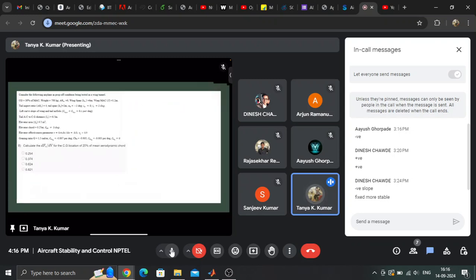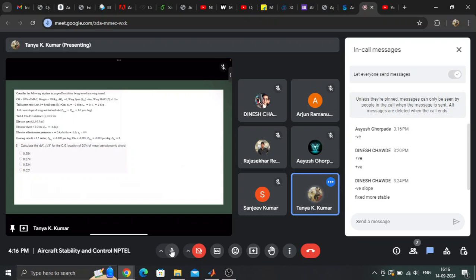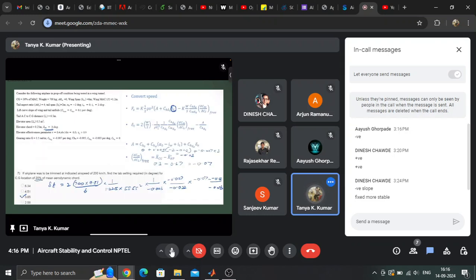Calculate the dFs by dV for the CG location of 20% of mean aerodynamic chord. They had said 20% of mean aerodynamic chord even in the previous question. So this is 0.2. So this comes to 0.1.